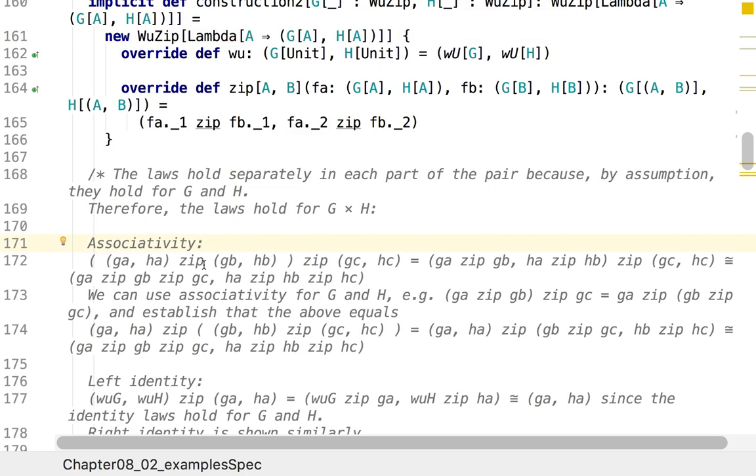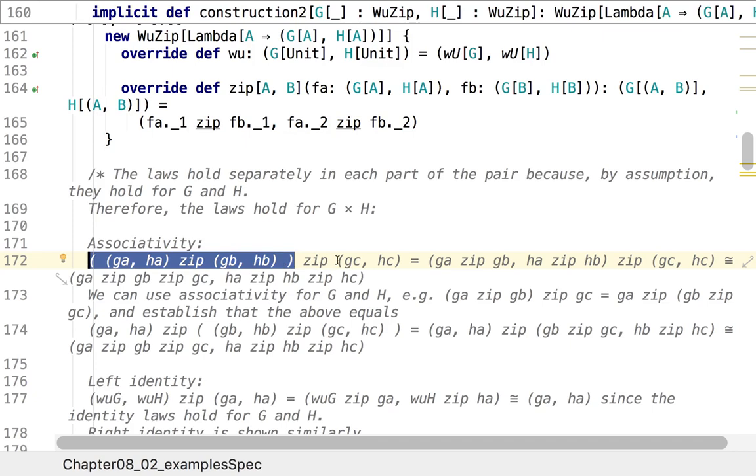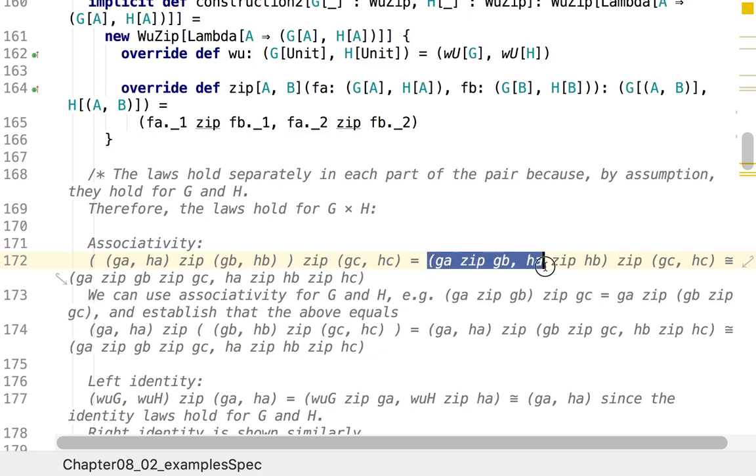So if we first zip the first two together and then take the result and zip it with GCHC, what does it give us? First we zip like this, the first two, and then we zip the result with the rest.